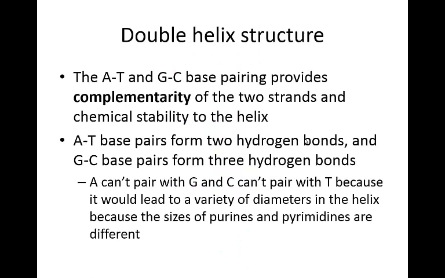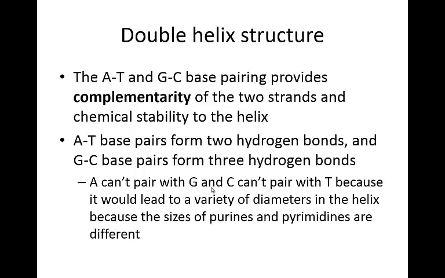So within this double helix structure, we know that A's bind to T's and G's bind to C's, because this provides complementarity of the two strands and very good chemical stability to this helix. Between the A's and the T's there are 2 hydrogen bonds, and between G's and C's there are 3 hydrogen bonds.